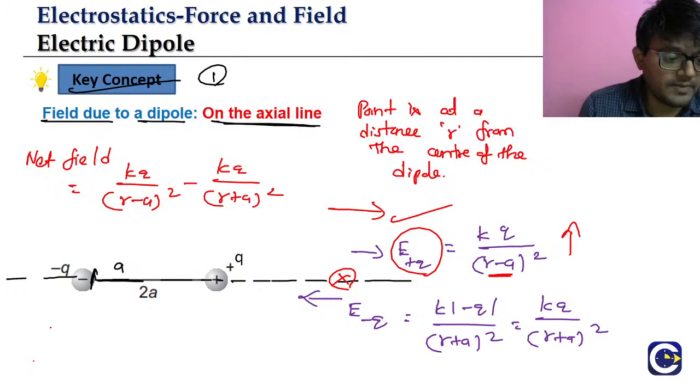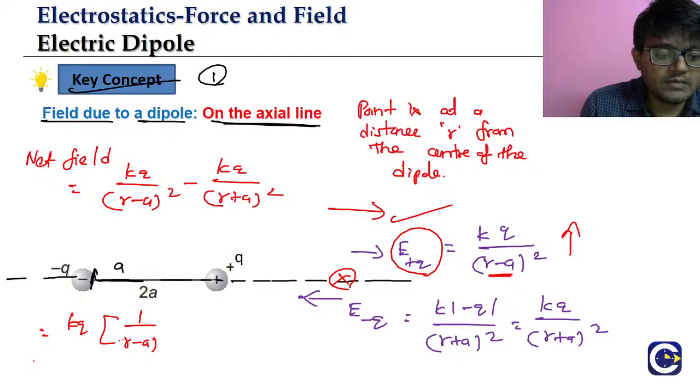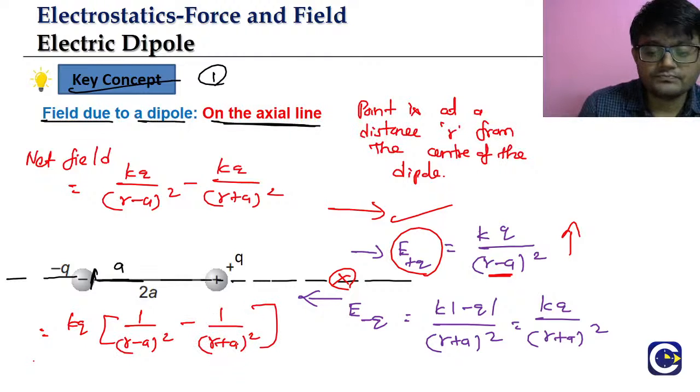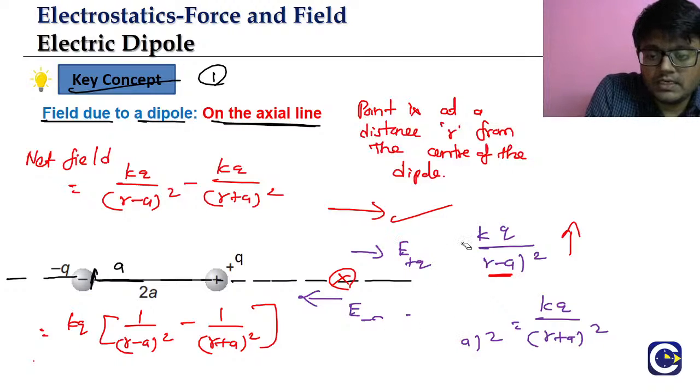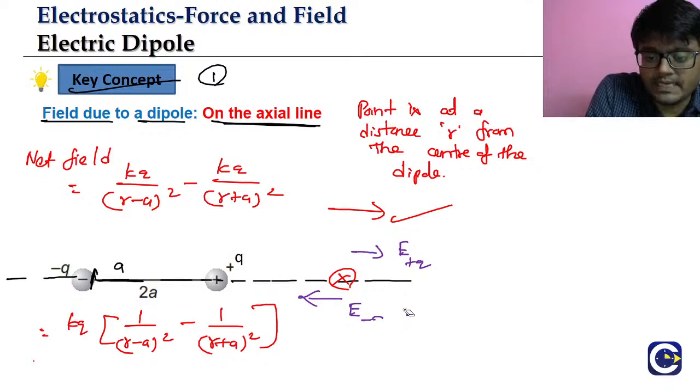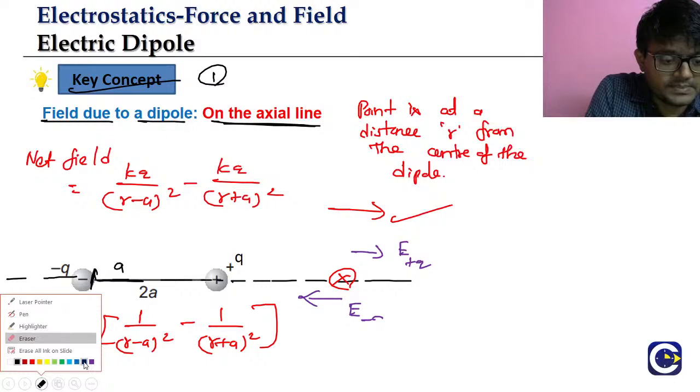இது நம்ம அப்படியே simplify பண்ணணும். kq காமன் எடுக்கலாமா? kq காமன் எடுத்தா 1 by r minus a the square minus 1 by r plus a the square வரும். ஓகே, அப்படியே நம்ம simplify பண்ணிட்டே போலாம். So we can just keep on simplifying. directions மட்டும் we will keep it as it is, ஏன்னா அது நமக்கு தேவைப்படும். We will require it for the final steps.